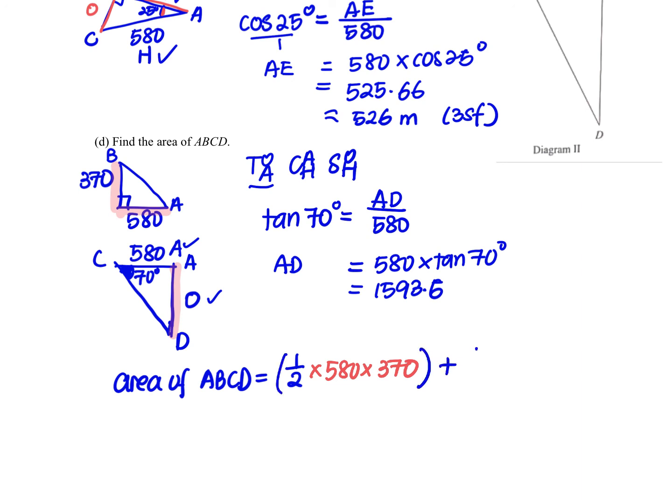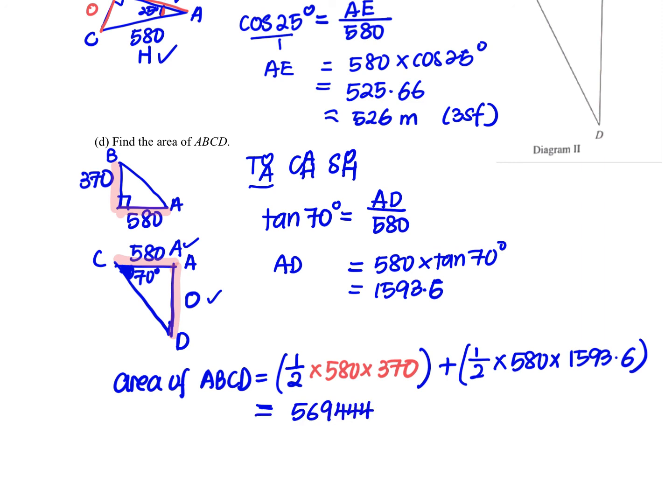Plus the area of the second triangle, half times base 580, and I found my height just now, 1593.6, right? So times 580 times 1593.6, and that will give me the total.